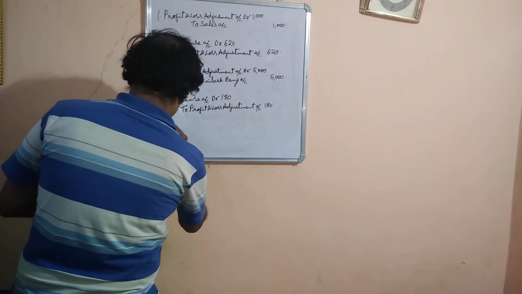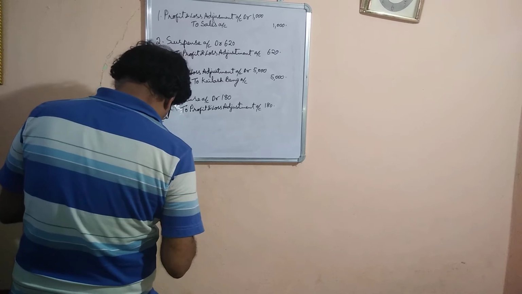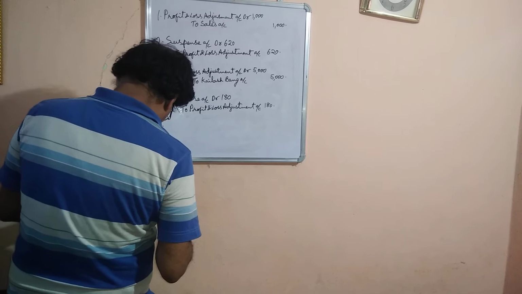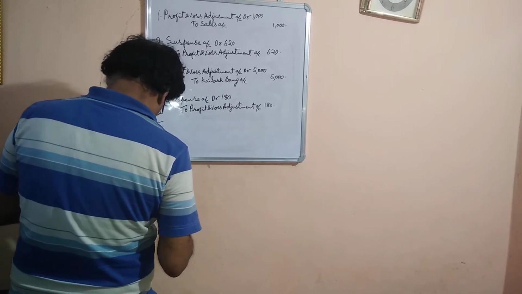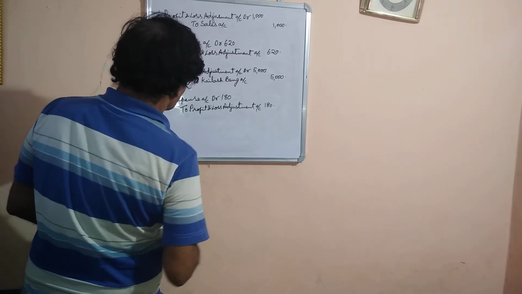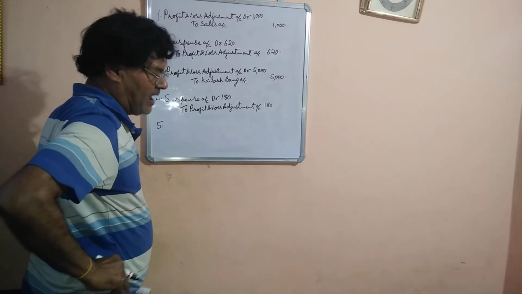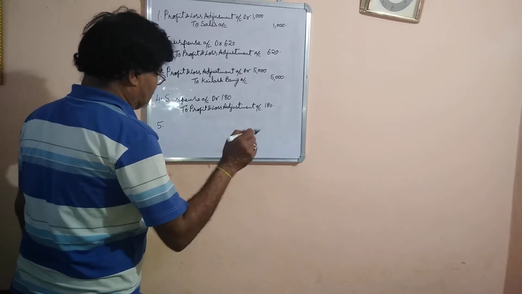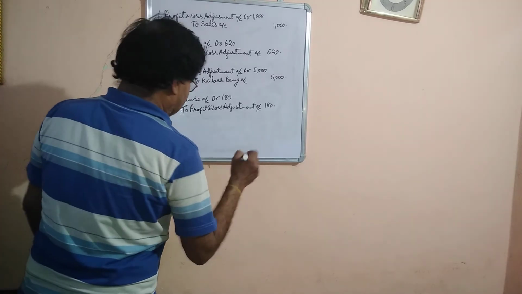Now we are going for the fifth entry. What is the fifth one? An amount of rupees 5,200 owing by Rajesh had been omitted from the schedule of sundry debtors. Since it was omitted, now we have to add that. So what is the entry? Debtors account debit to suspense account, because we have to show that in debtors.